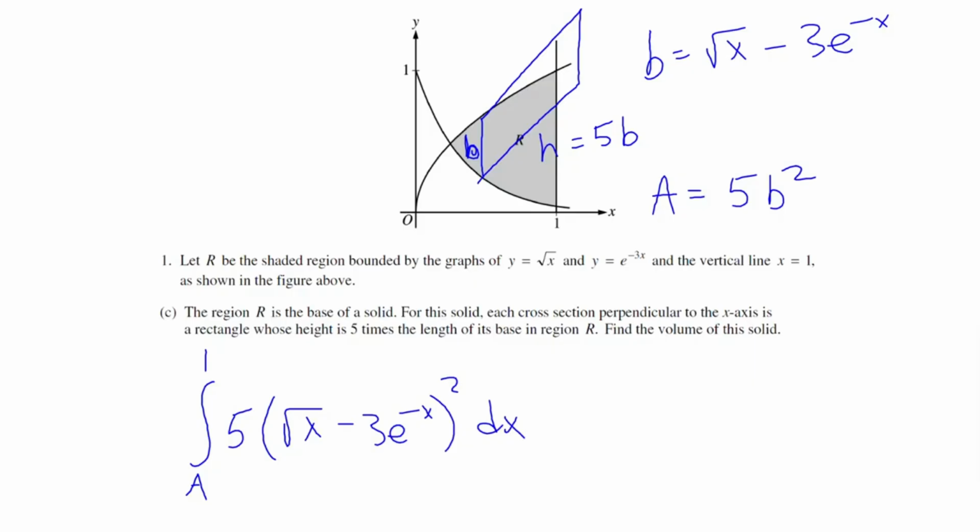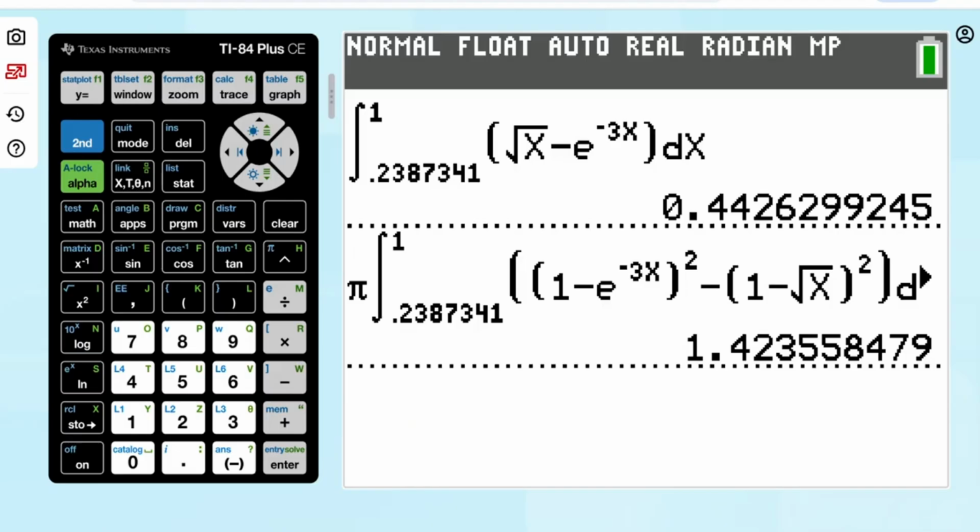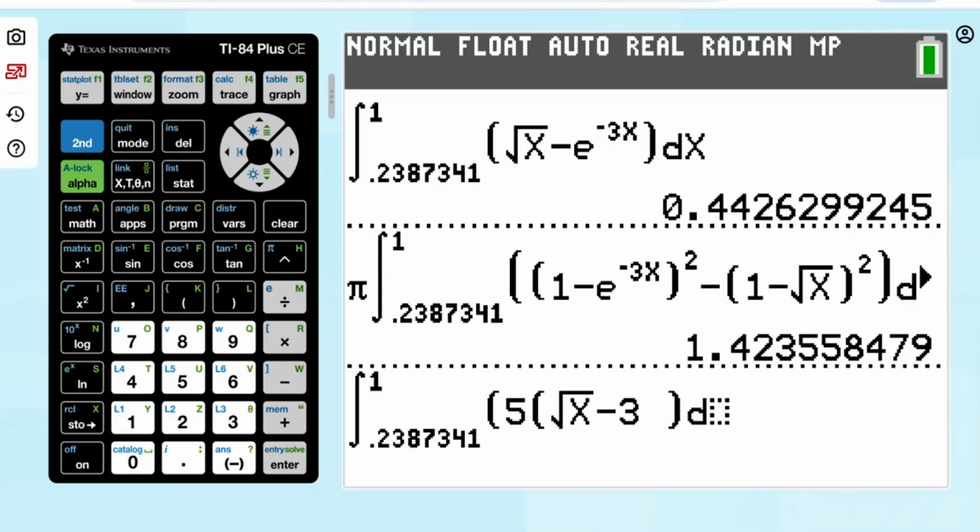And so we just have to put that into our graphing calculator. We'll do math option 9. And we're going to go from 0.2387341 up to 1. And we have 5 times our root x, our upper function, minus our 3e to the negative x, our lower function.